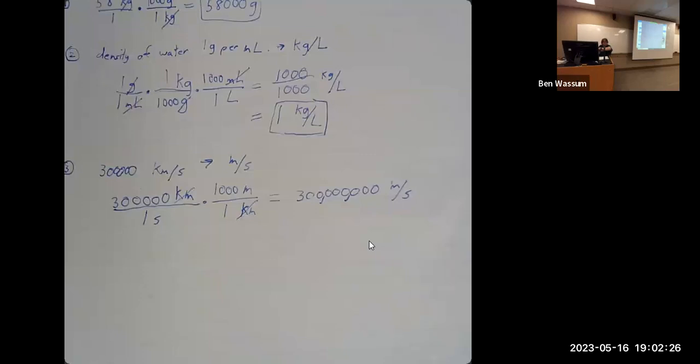That's the speed of light in meters per second. So think of a meter stick, kind of close to a yardstick. Imagine 300 million of those getting covered in 1 second.